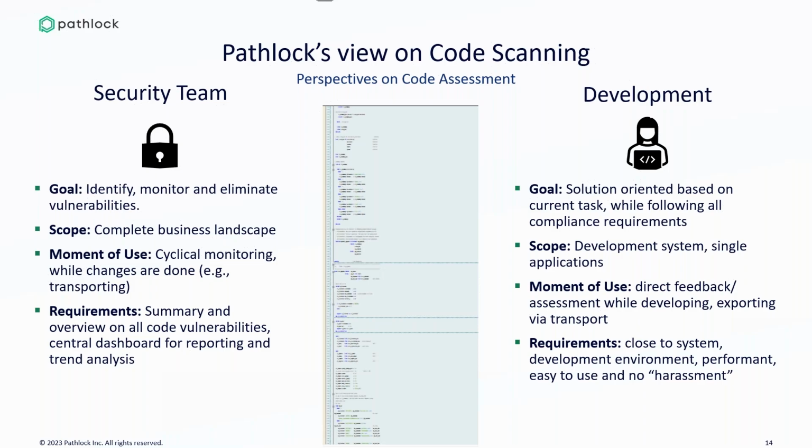With this done, I want to jump next into my demonstration to show you how it looks from both perspectives. Development team first, and second, I want to focus on the security team.